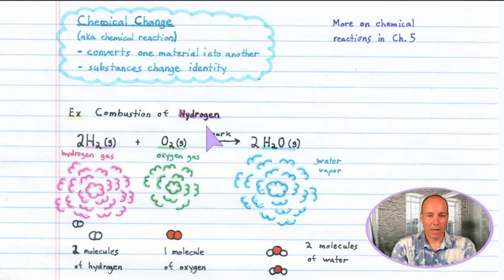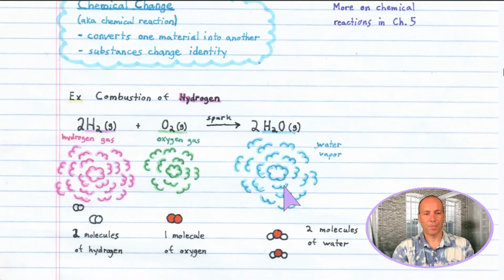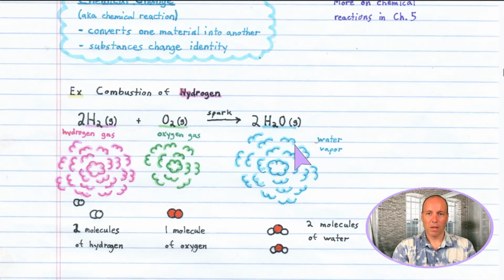And if you light it with a spark, what happens is the hydrogen gas combines with the oxygen gas in the air, and boom, the two convert into water vapor. So you start off with hydrogen gas and oxygen gas, and if you add the spark, then boom, all of a sudden you have water vapor. So you generated something new, and therefore this is a chemical reaction.